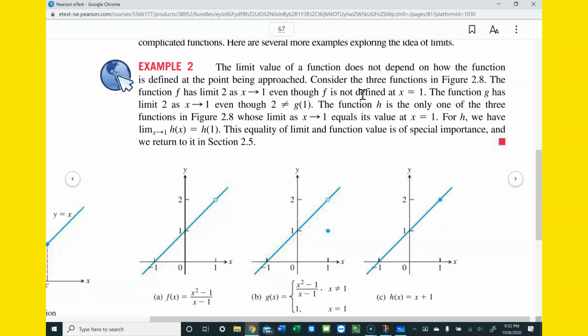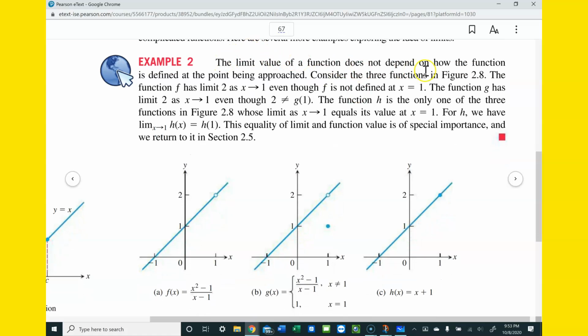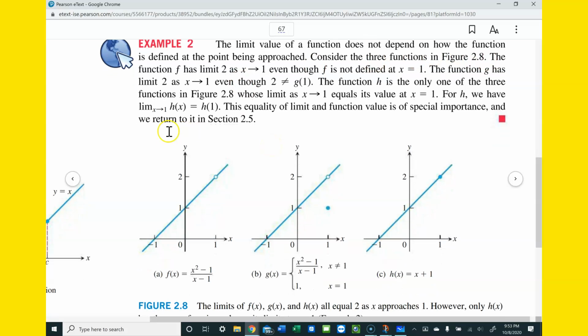More examples exploring the idea of limits. The limit value of a function does not depend on how the function is defined at the point being approached. Consider the three functions in this figure here. All right, here are three functions. In this case, the function is undefined when x equals 1.